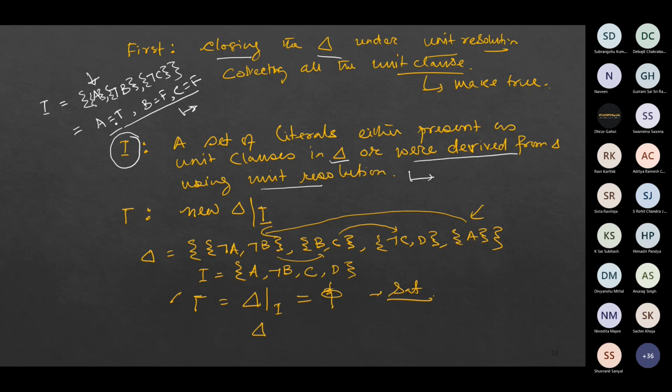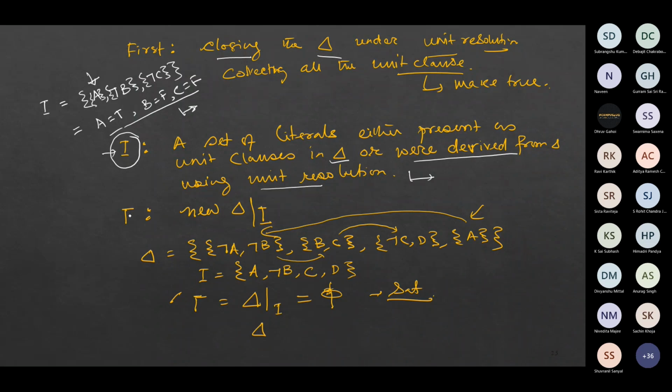You have to forcefully assign true to A, false to B, and false to C, right? So you do not have any option for decision. And as you do not have that, you do not need backtracking. Either you fail or you succeed, right? So that's why we are collecting these unit clauses under this I set.